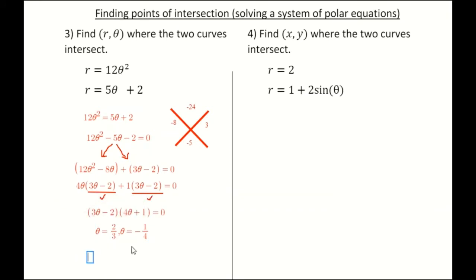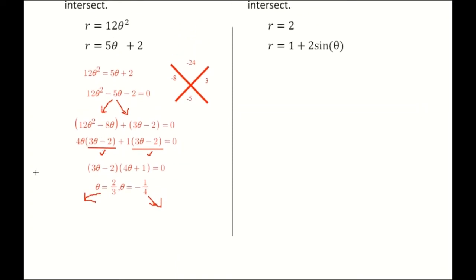Okay, so for each one of these, we need to find a corresponding R value. So when theta is 2/3, we'll plug that in here. We'll get 12 times 2/3 squared, that's going to be R. And we'll do the exact same thing for negative 1/4.